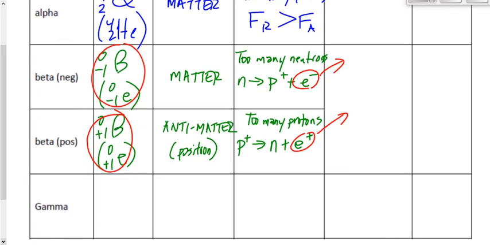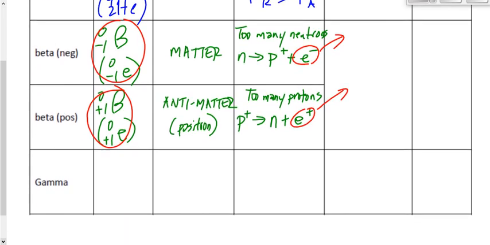Now, this one's new to you. We didn't go over this on Friday. Gamma decay. A gamma ray has this notation, 0, 0, gamma. That means that a gamma particle has how many protons? 0.